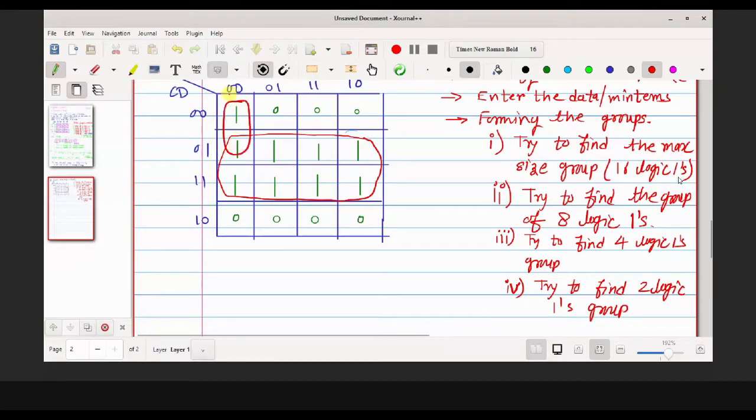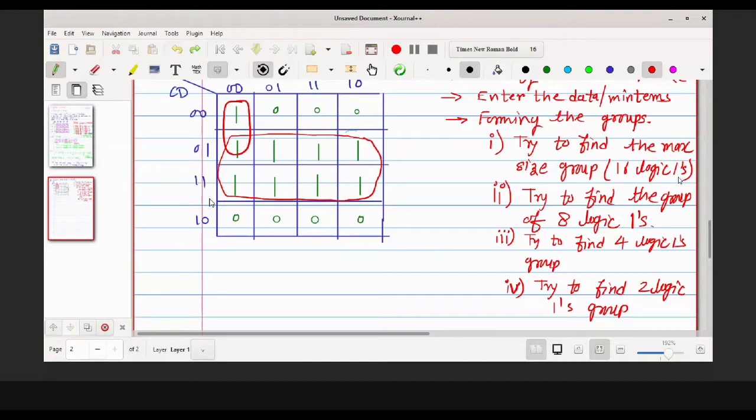Now there is a question that this bottom logic one, that is 0001, is already considered, so why are you taking it again? This type of overlapping is permitted, because if I do not take this overlapping, then I have to form this particular single group, so it will increase your circuit size. So such overlapping is permitted.